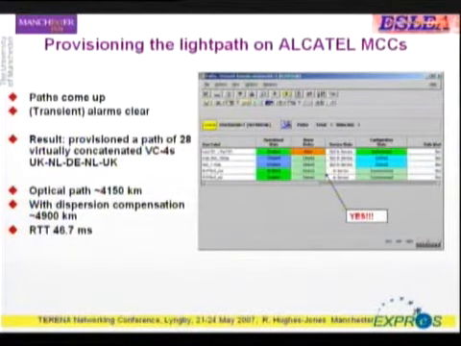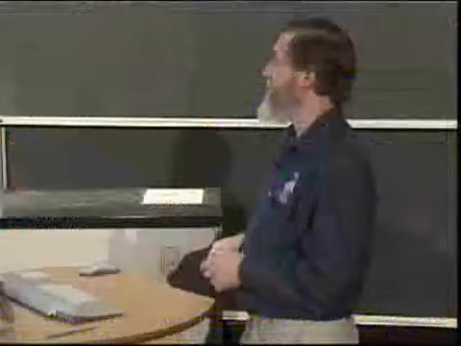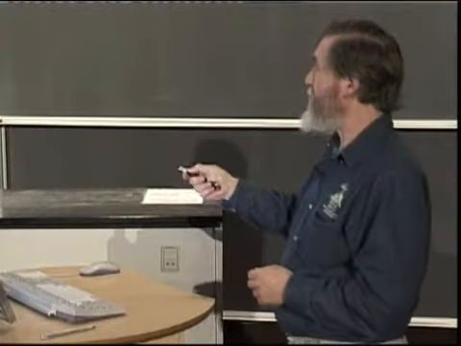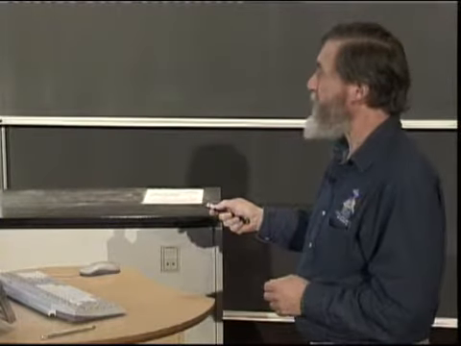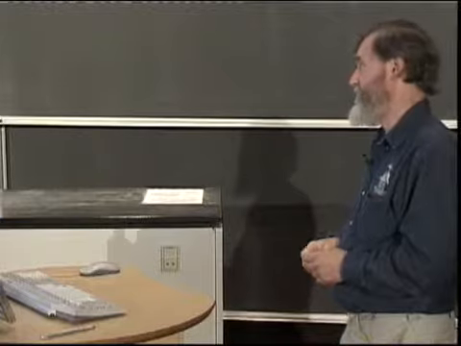Of course, during this process, there were lots and lots of errors saying, no, you haven't got anything connected and things like that. But they got 28 VC4s connected. The optical length was about 4... oh, you can read the numbers, I've forgotten. But when you put the dispersion compensation in, you get around 46.7 milliseconds.